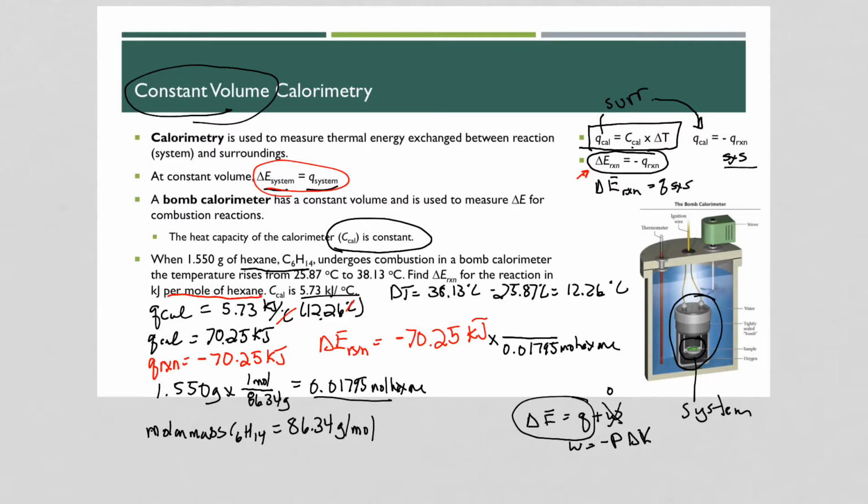And we get a delta E that's equal to negative 3914 kilojoules per mole of hexane.